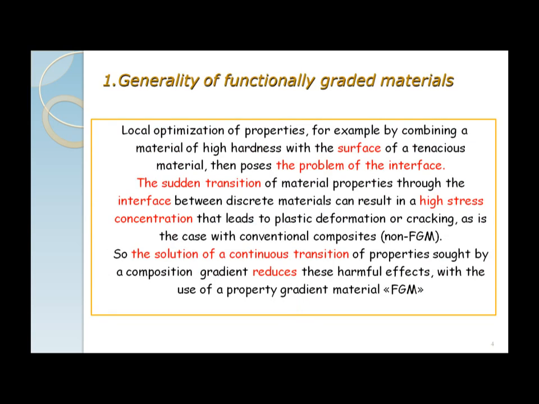Generality of functionally graded materials: local optimization of property, for example by combining a material of high hardness with the surface of tenacious materials, then poses the problem of the interface.